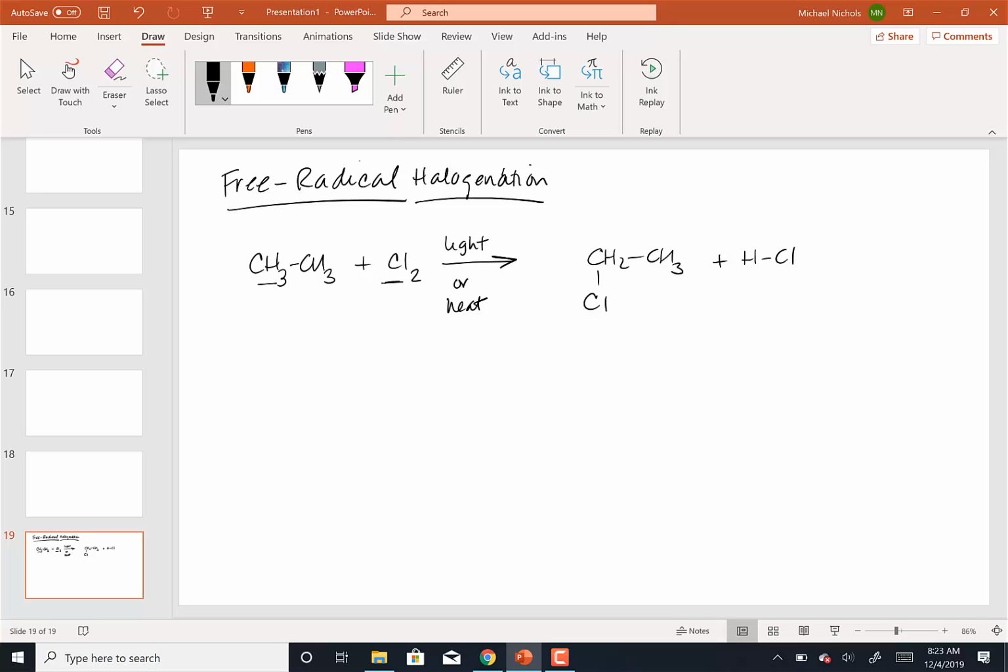So my product is going to be an alkyl halide and HCl. And there's going to be two reagents we can use. We can either use Cl2 or Br2. They will be different, and we'll get to that as we go through this.